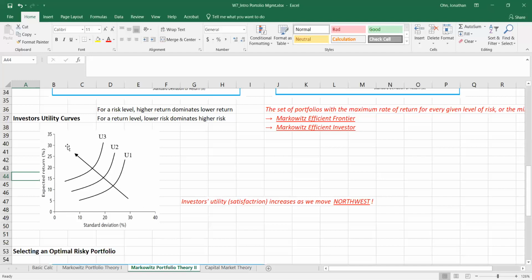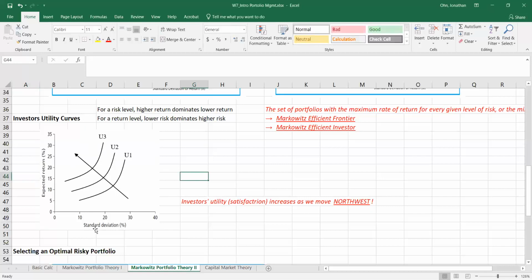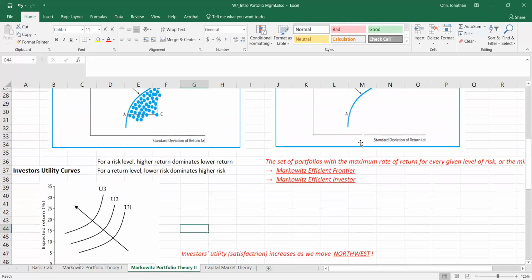Okay, and then the utility curve should be located this way. So that's from your economics class, right? Okay, let's apply this utility curve for the standard deviation, risk and return, and combine that with this Markowitz efficient frontier.